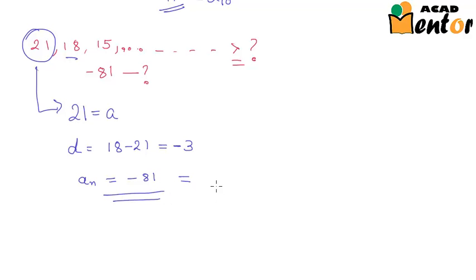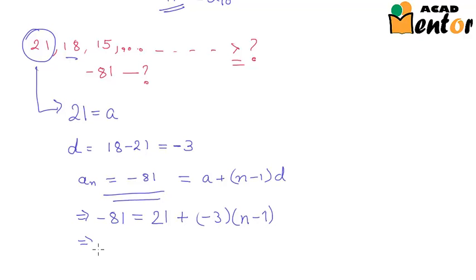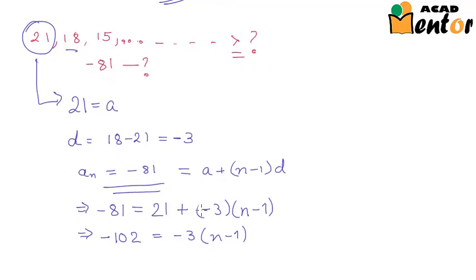Hence minus 81 would be equal to a plus n minus 1 into d. That implies minus 81 is equal to 21 plus minus 3 into n minus 1. This means negative 102 is equal to minus 3 times n minus 1.